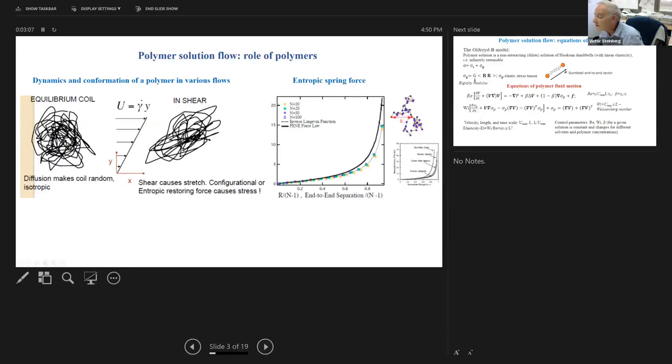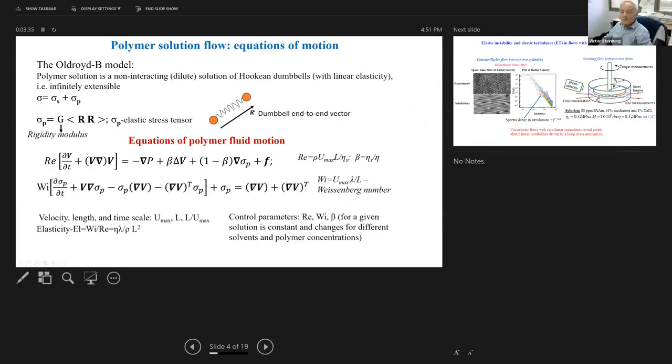Then you can see that by applying force, the force goes almost linearly up to about 30%, and then starts to grow up to infinity when the full length of the polymer is approached. That's the main physics of the behavior of polymers in the flow.